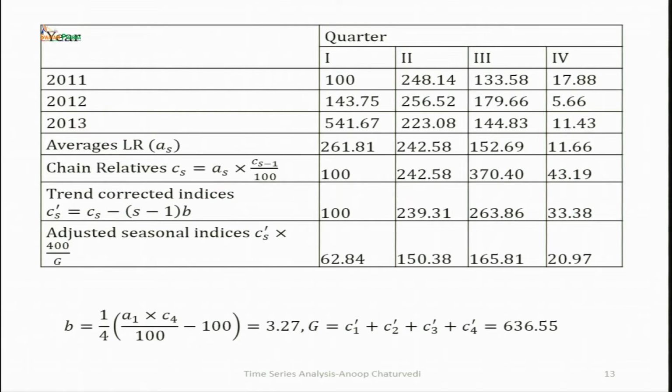So, the link relative corresponding to the first observation is 100. Then corresponding to the second observation, it is 134 upon the previous observation 54 into 100.